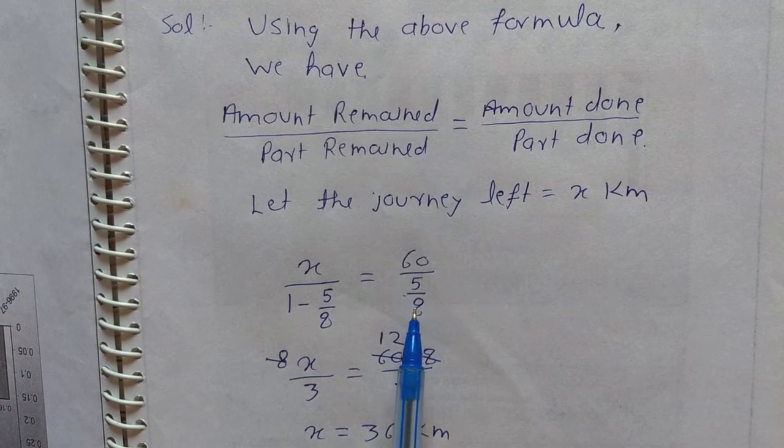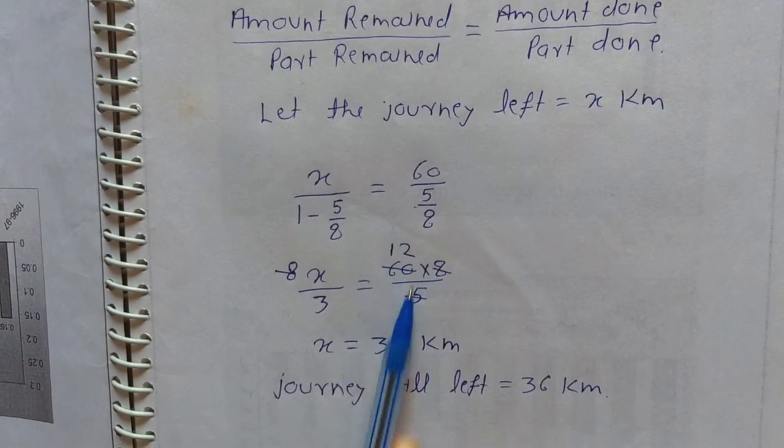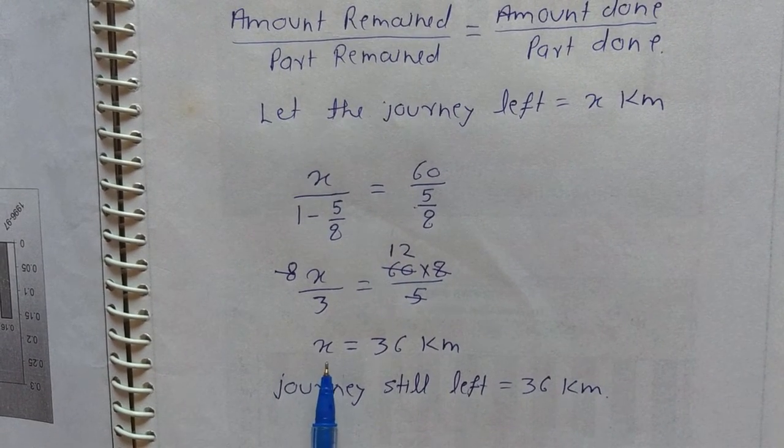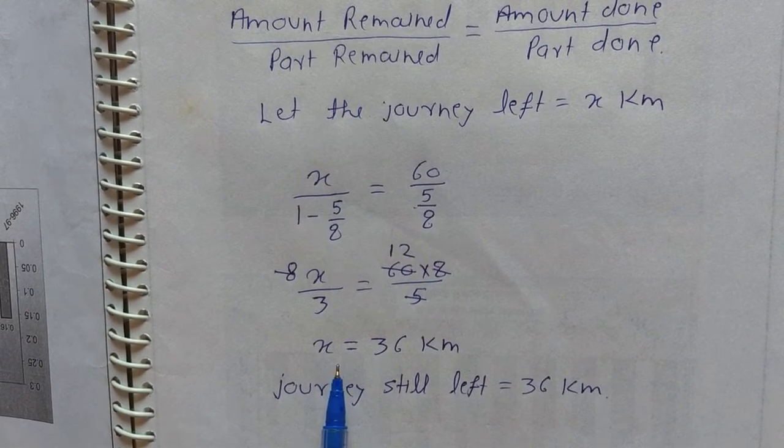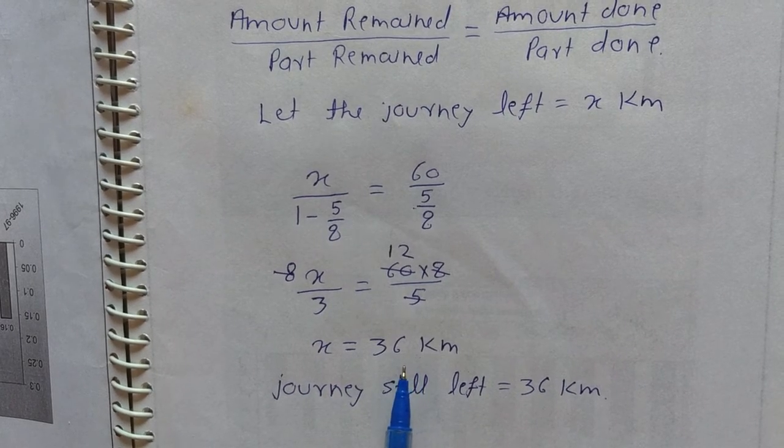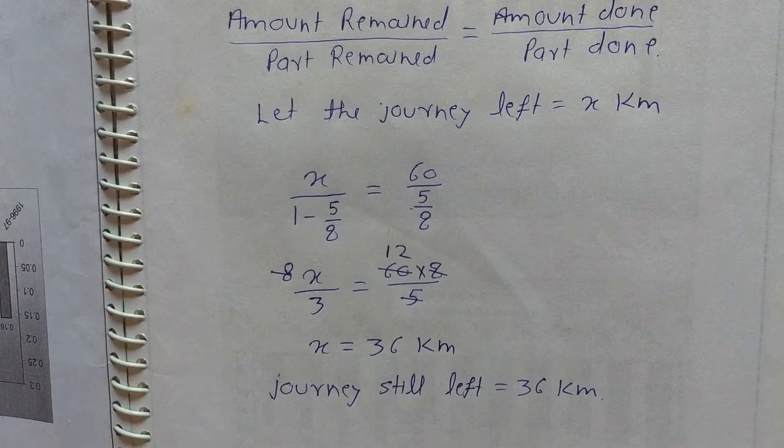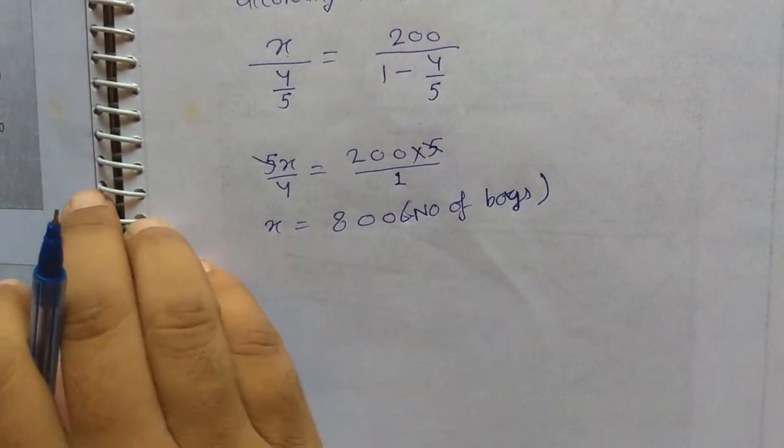When we solve this numerical, we find x, that is the journey left, equal to 36 kilometer. Now we will see one more numerical to clarify deeply.